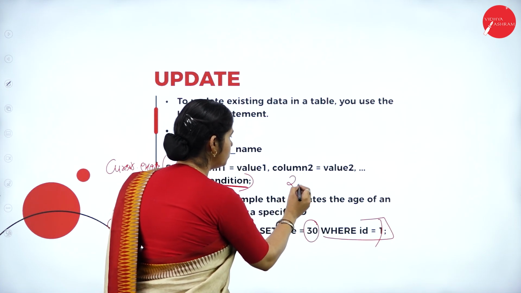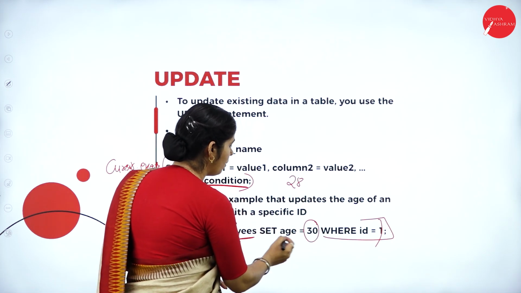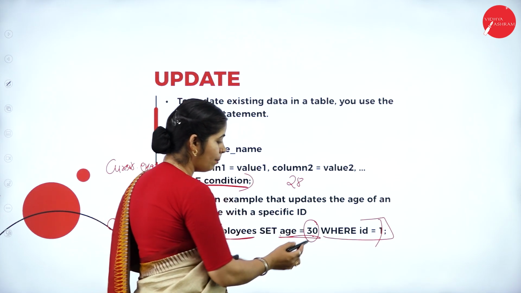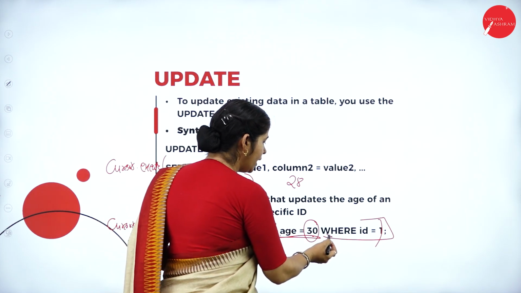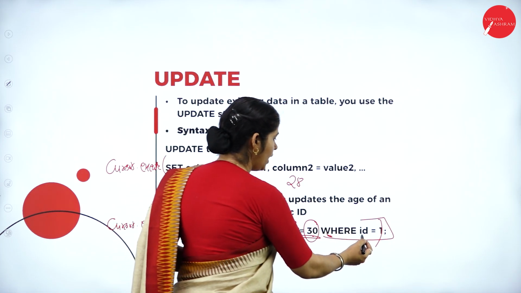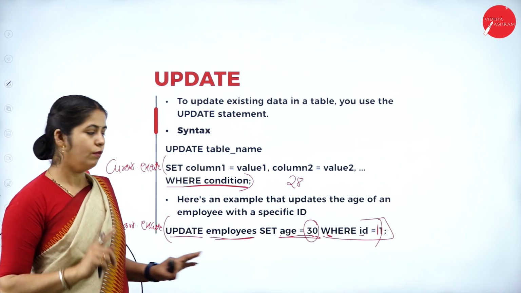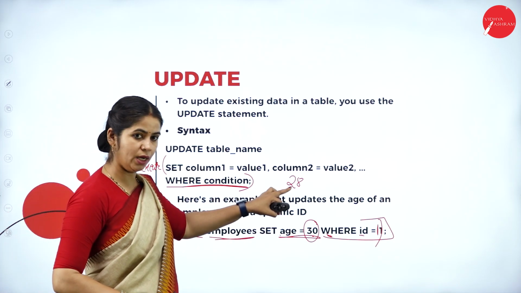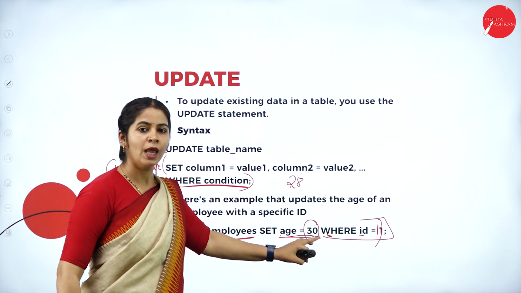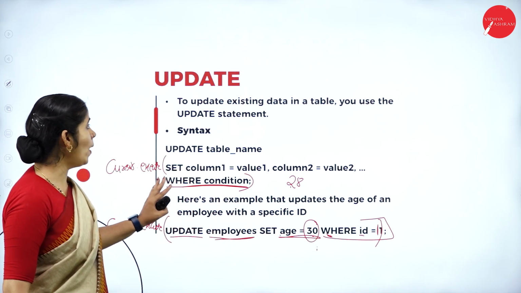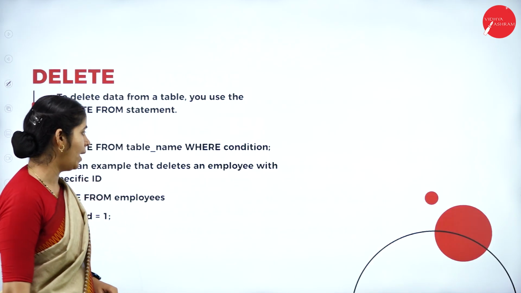Say before it is 28. Now I have to update that age to 30. So age is equal to 30, the updated value. Where? The condition: employee ID is equal to 1. Before it was 28, now it is updated and the employee with ID 1 has age 30. This is how we execute the update command.